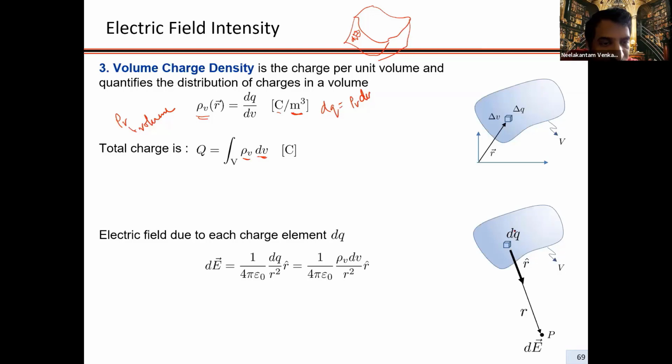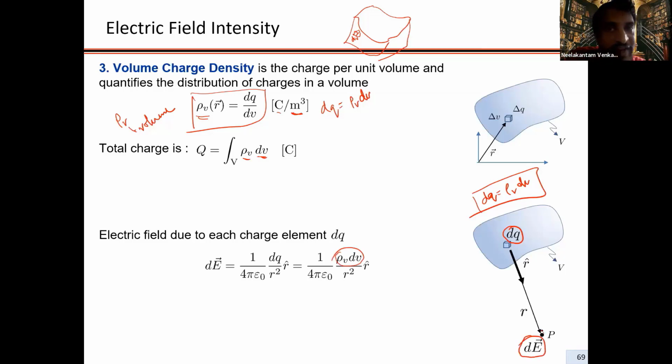So again, we find this small little dq. The small little dq is rho v dV because of this. Because of that rho v dV, what's that small little electric field at that point? Again, by Coulomb's law, 1 over 4 pi epsilon naught r square, in the direction of r hat.